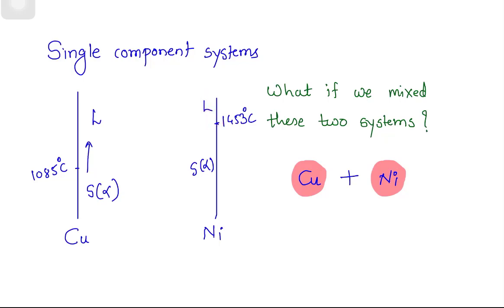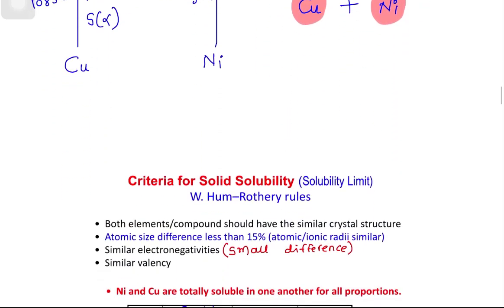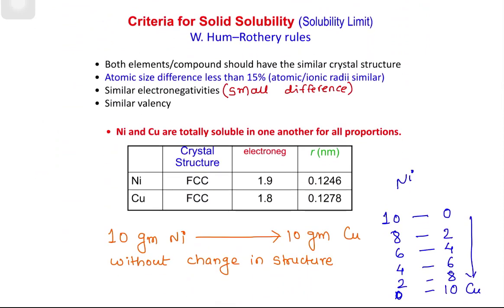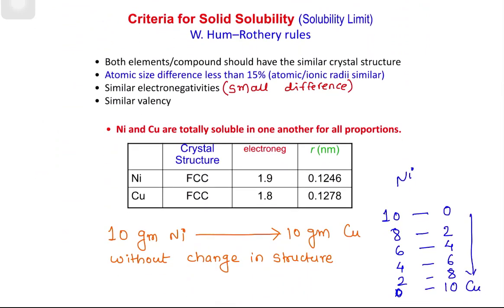So what happens if we mix these two systems? What will happen if we mix copper and nickel together? Will there be any change in the melting points or not? That we will see now. Before that, since these are two elements, by definition they will form an alloy. Now there is another type of alloy that we call a solid solution.